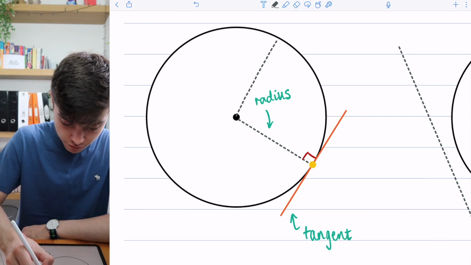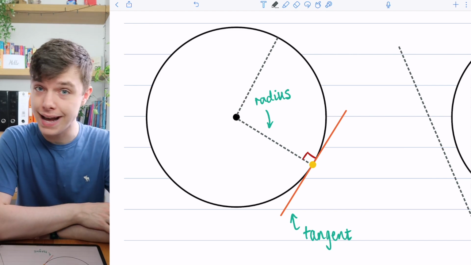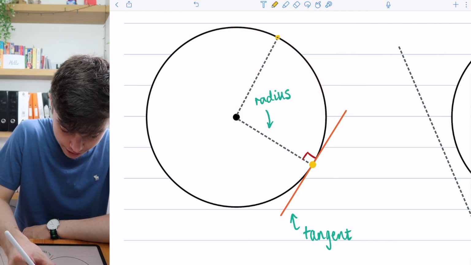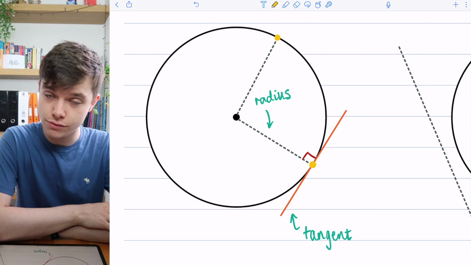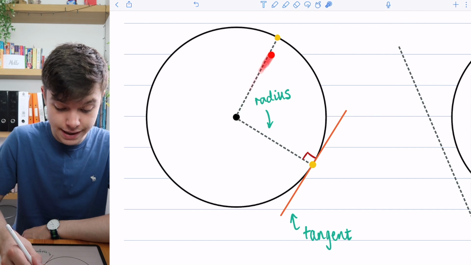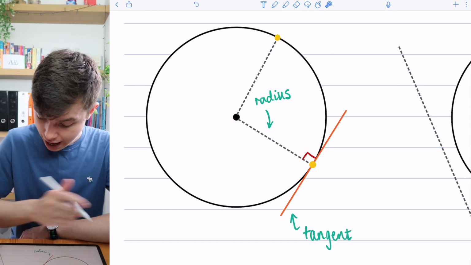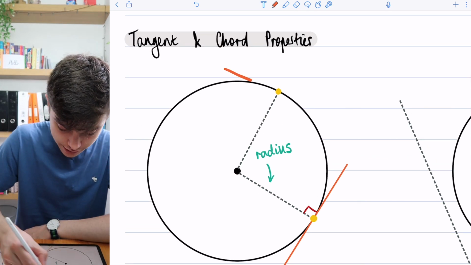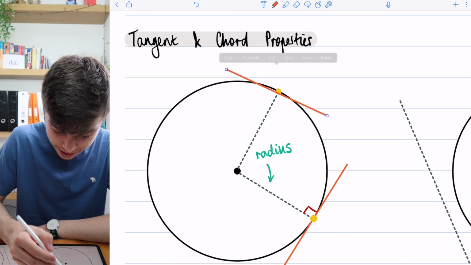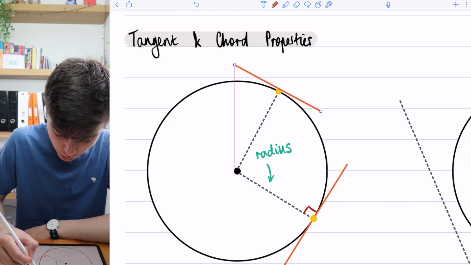If I was to draw another radius there, for example, and I'll do it in yellow, that's a radius because it passes through that point on the circumference and it passes through the centre. So from the centre to that point is the radius, just like this. And then I could also have another tangent like that, just intersecting at that point.